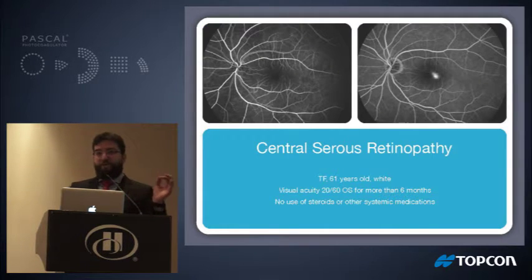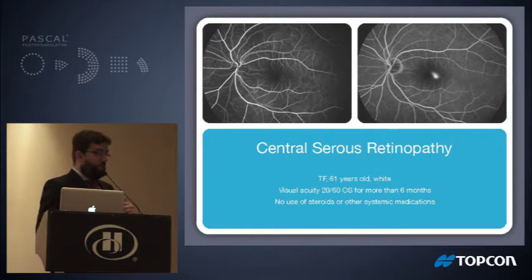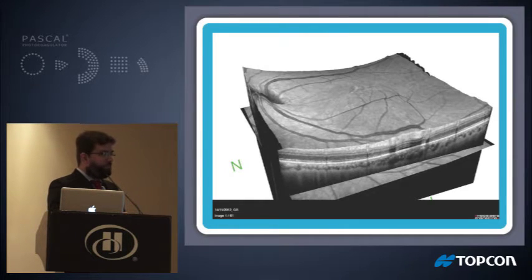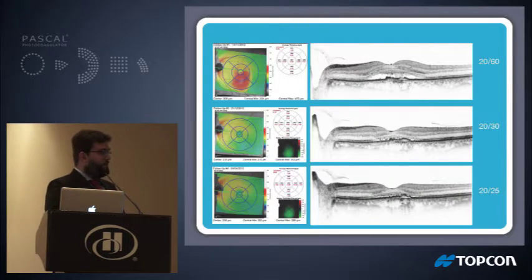This was the first patient we treated, almost 3 years ago. Actually 3 years ago. So this is a 61-year-old patient with this kind of lesion, and this is the autofluorescence, this is the infrared. She had central serous for more than 8 months, 11 months, and we treated.